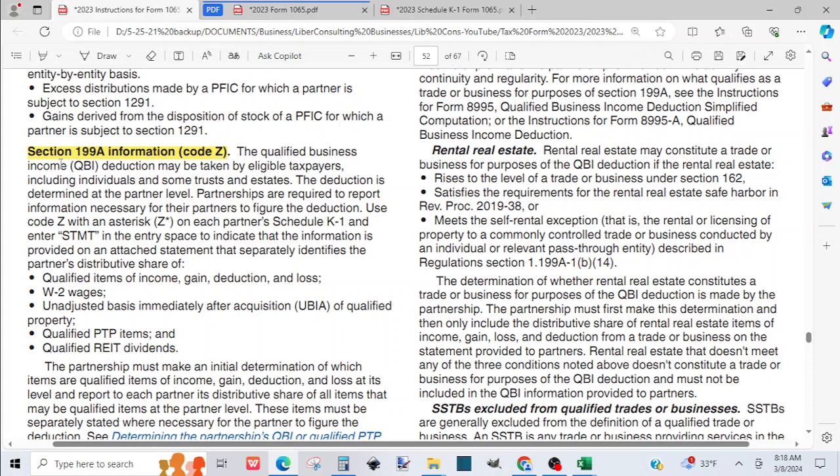So qualified business income. The way it works is from your 1065, you'll put information like the profit or the loss. If you have employees, you have W-2 wages, and depreciable assets, a portion of it will go on that worksheet to be able to determine the QBI.